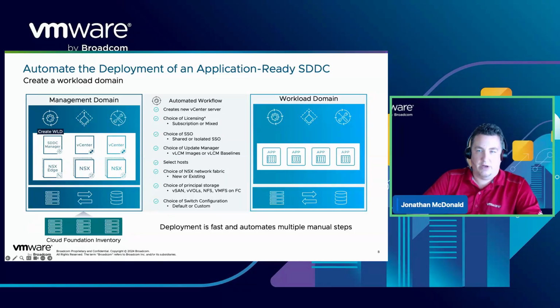This cluster will run on its own dedicated vCenter server, and it will have dedicated storage and a choice of whether you want a dedicated or a shared NSX networking fabric that gets applied to that block of capacity, right?